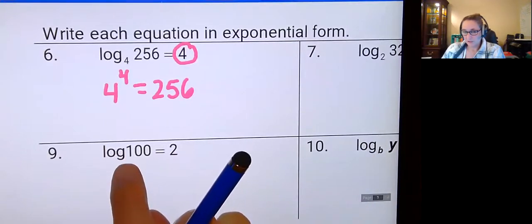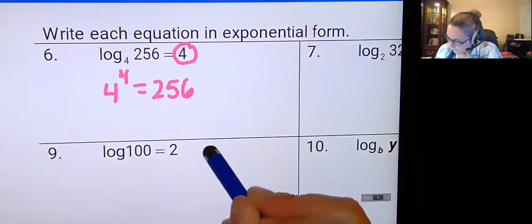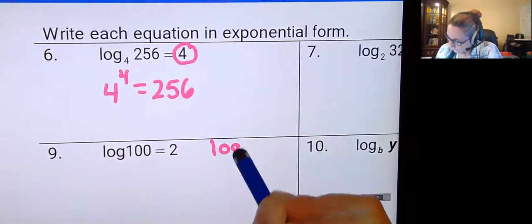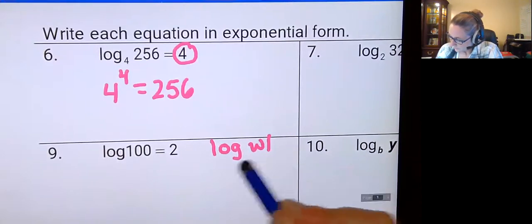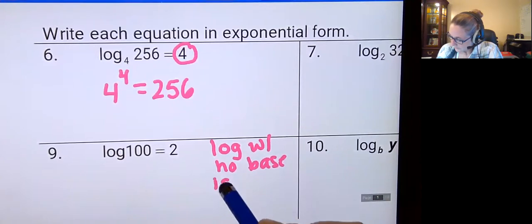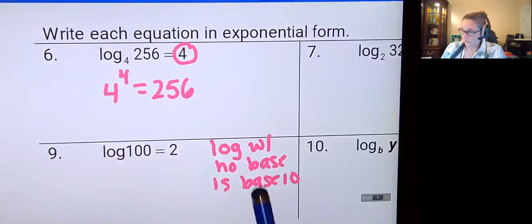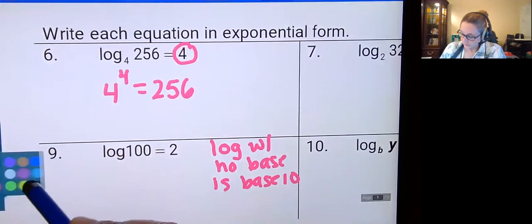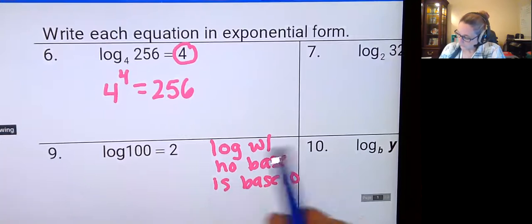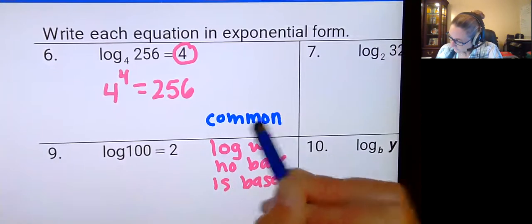Now this one here I'm going to do, since it's on the screen, anytime you have no number for your base, so just log with no base, is base 10. So this automatically is base 10. And we call that a common logarithm, common log.